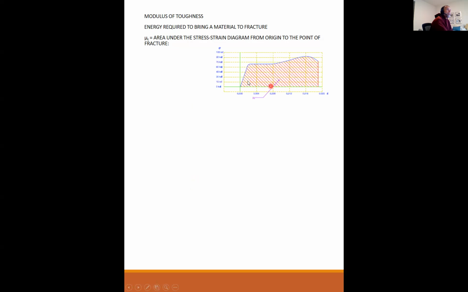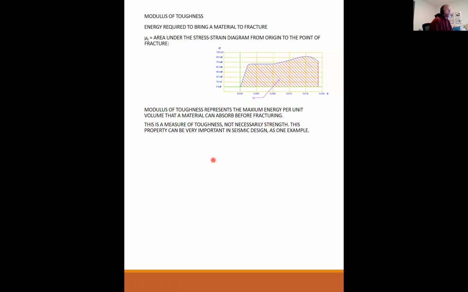So it's the area under the whole curve from 0 all the way to fracture. Modulus of toughness represents the maximum energy per unit volume that a material can absorb before fracturing. This is a measure of toughness, not necessarily strength. This property can be very important in seismic design, as just one of many examples of where toughness might come in.